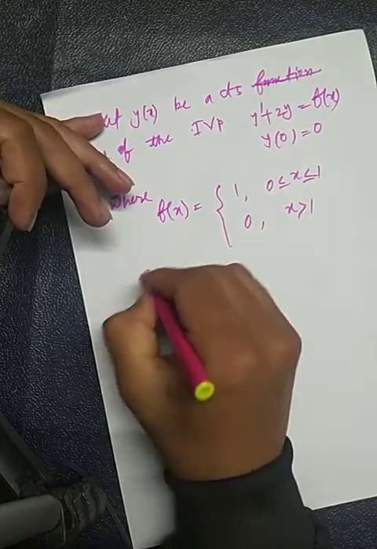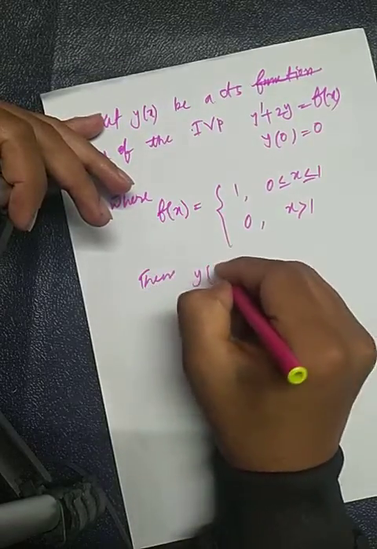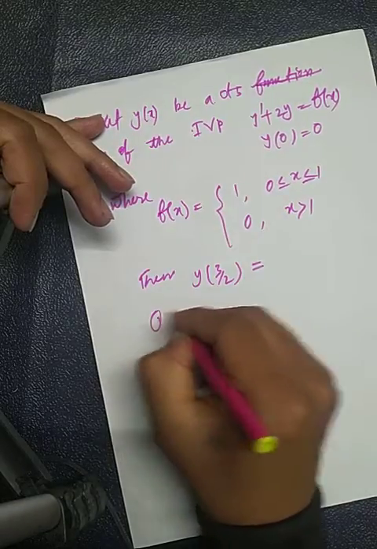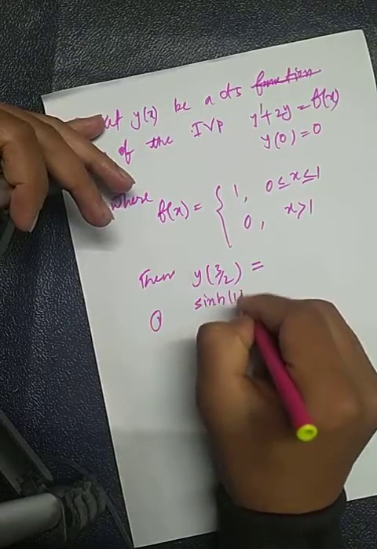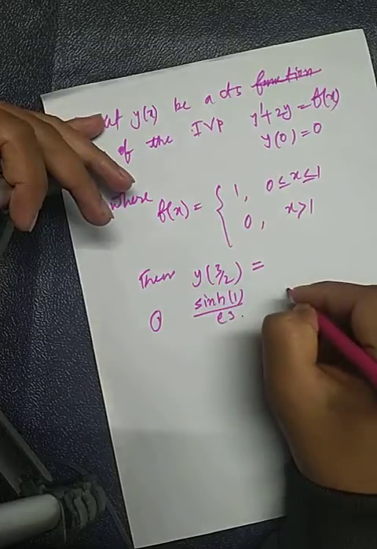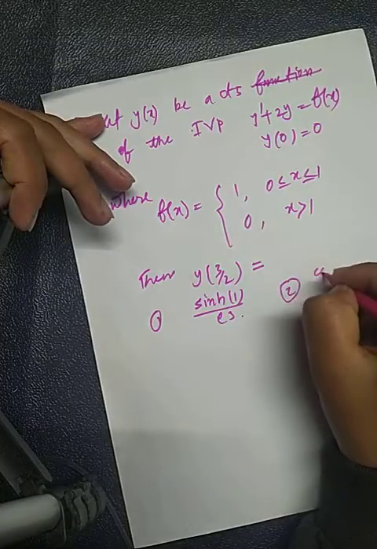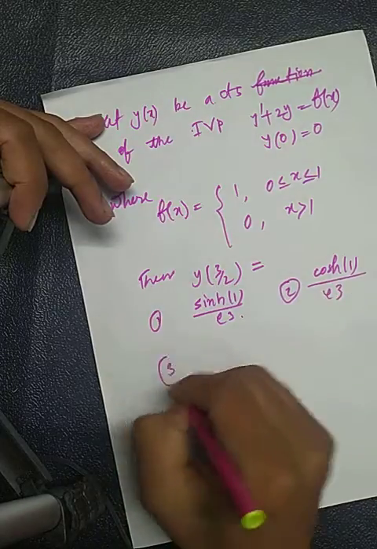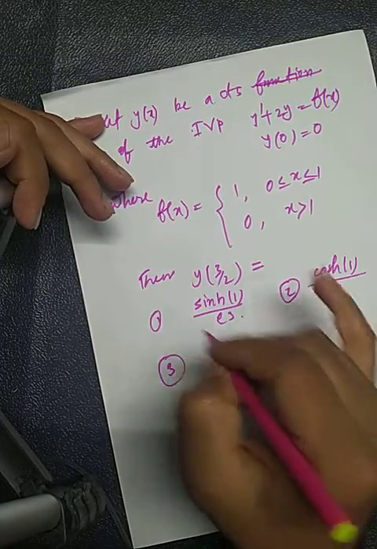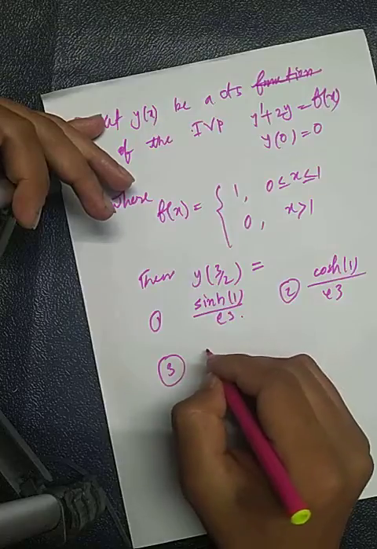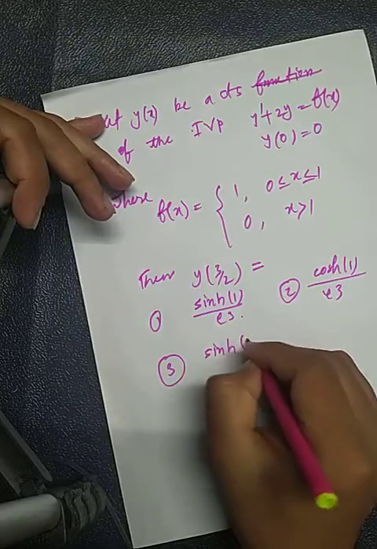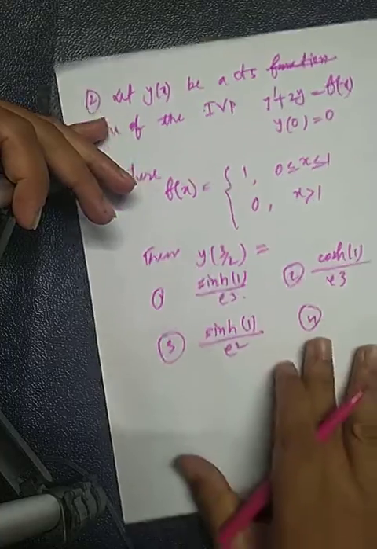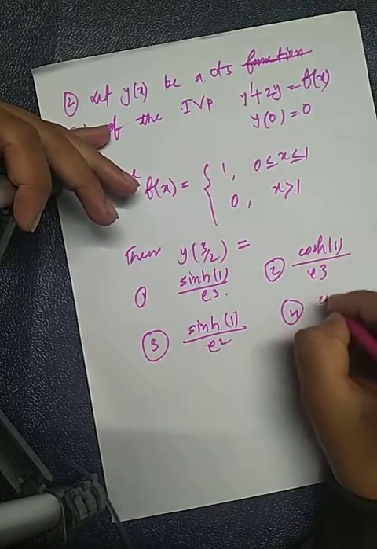Then we have to calculate y(3 by 2), which is equal to: option A says sine hyperbolic 1 by e cube, option B says cos hyperbolic e cube, and option C says it is sine hyperbolic e square, and option D says that all three are false.